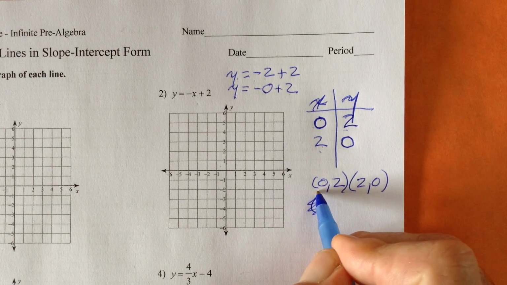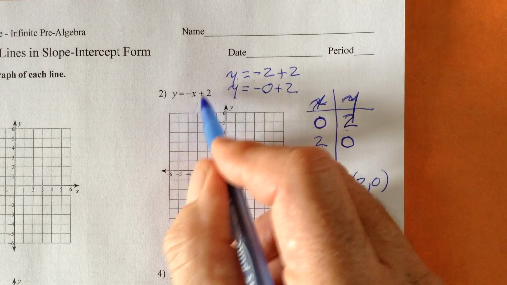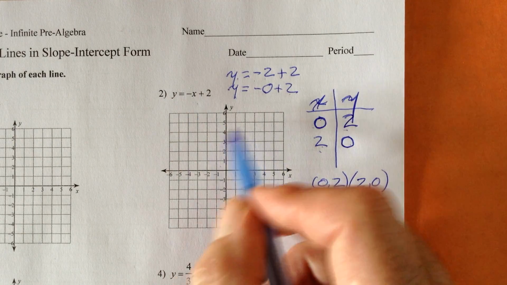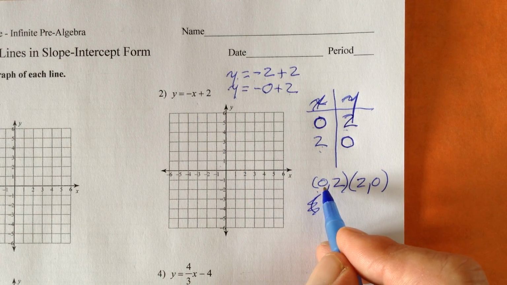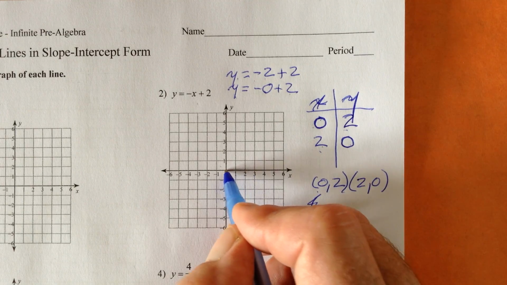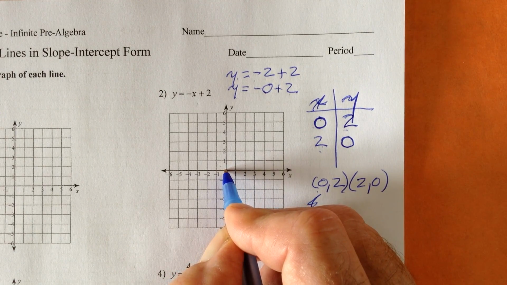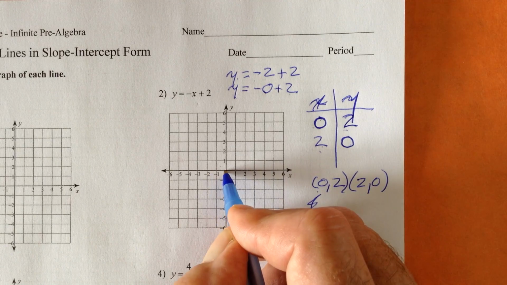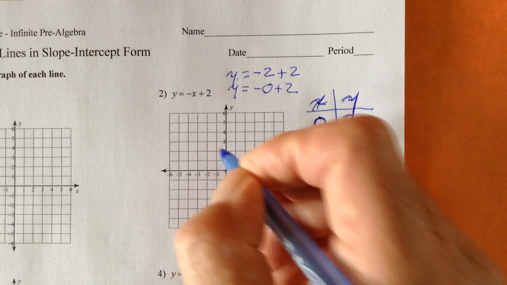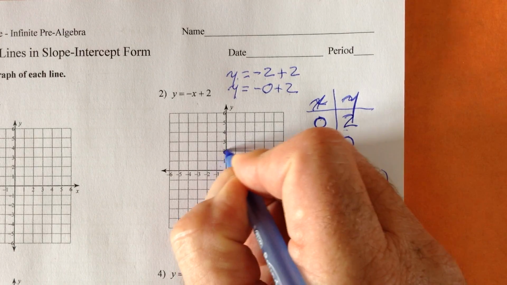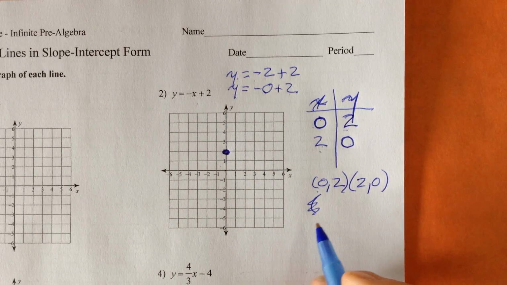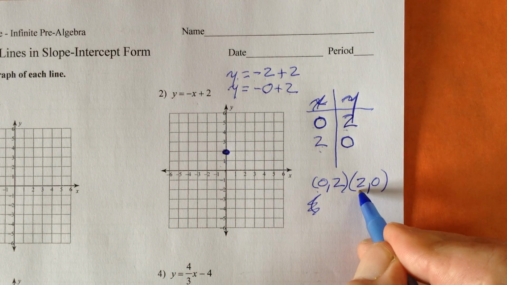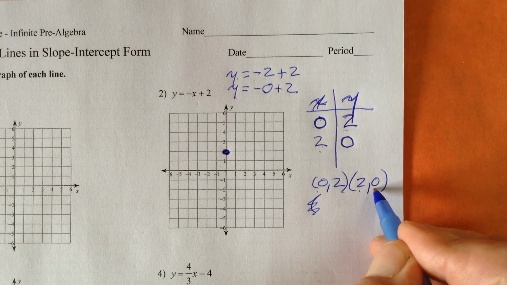So if I plot those, where would the line be on this graph? So if I go 0, 2 first, so if x is 0 and y is 2, I don't go back or forth, but I go up 1, 2 on the y. I go right here. Okay, so that one's plotted. And this one is 2, 0.